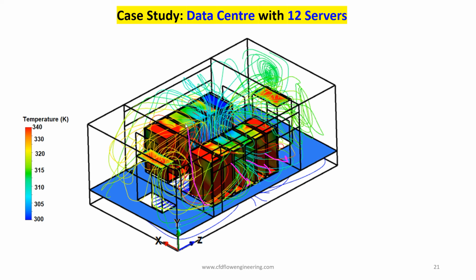The heat circulates through the room, and then it again passes through the PS unit. This is the outlet, hence temperature here is high. Temperature can increase up to 340 depending on how much heat load is supplied.